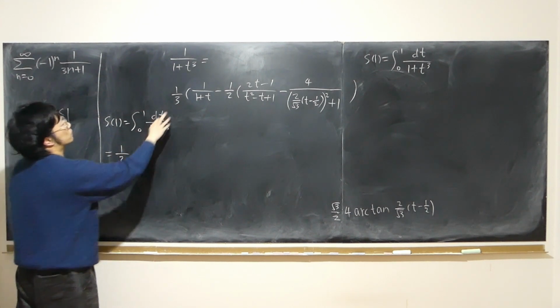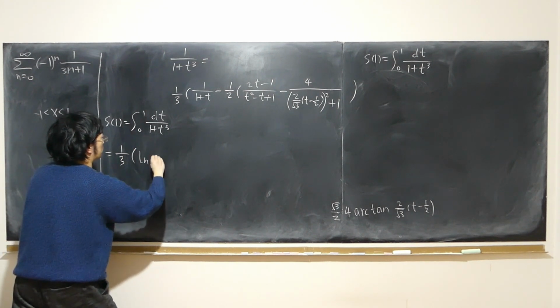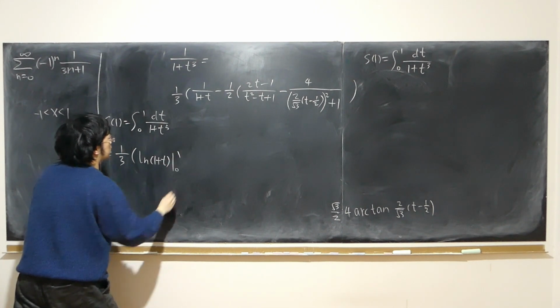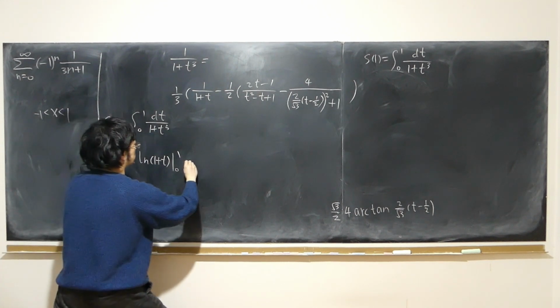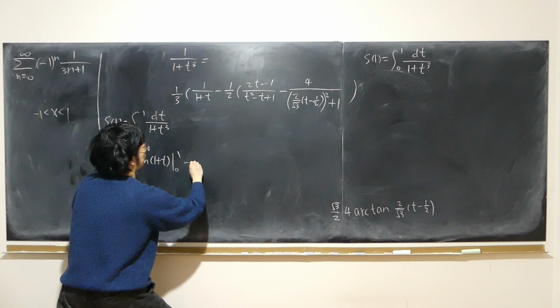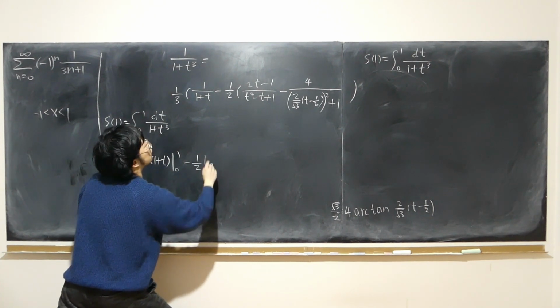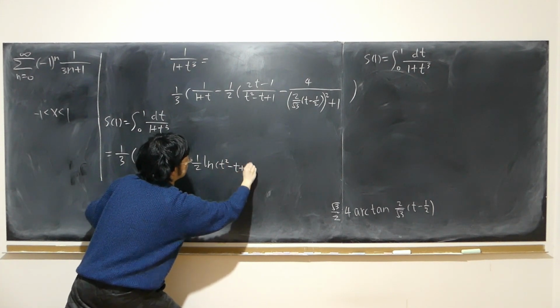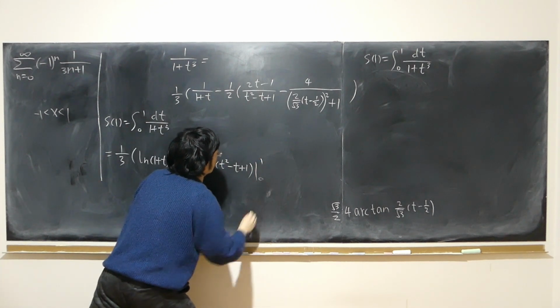The antiderivative of this is just log of 1 plus t. I'm going to evaluate it from 0 to 1. Okay? Then we have minus half of, like I said, log of the bottom, right? t squared minus t plus 1, evaluated from 0 to 1.